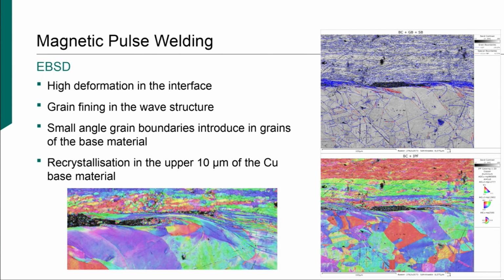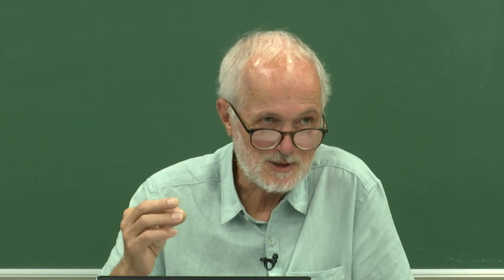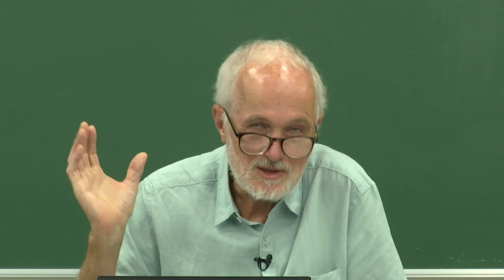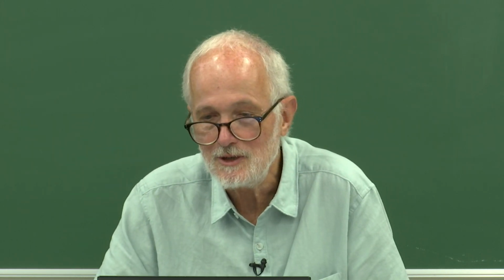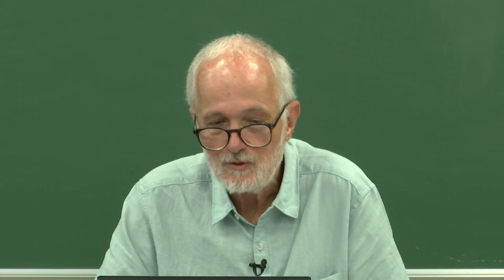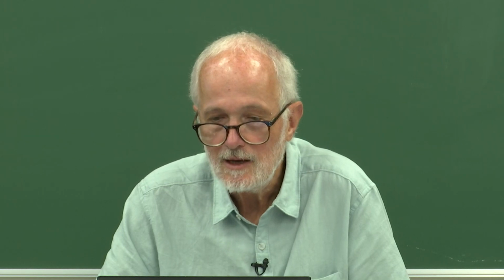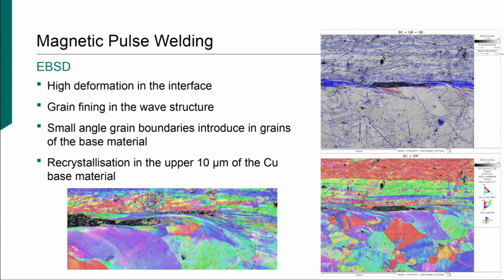But then you can do other evaluations. It's BC, that stands for band contrast, which basically tells you how strongly deformed your region is. This band contrast is an indicator of how many dislocations you have in a certain region. So for example here you see a very poor band contrast, it's black, so the machine does not manage to index the diffraction patterns and so on.